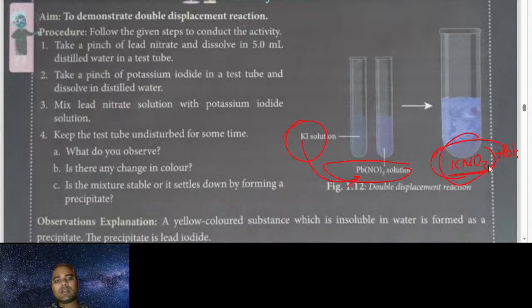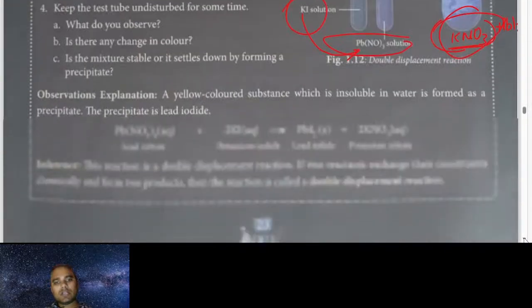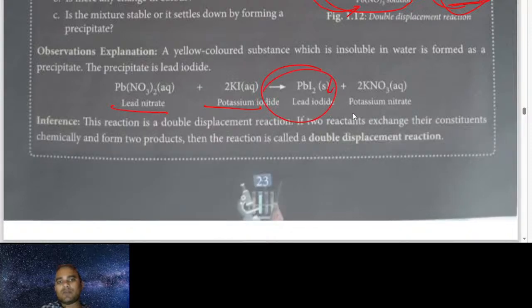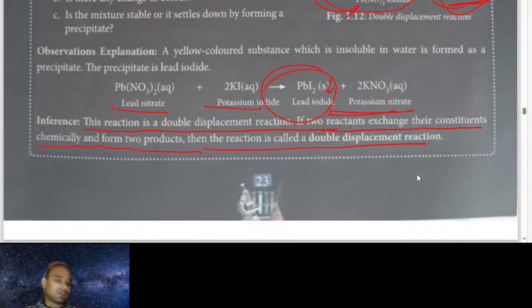So here you see, lead nitrate treating with 2 KI forms PbI2, a precipitate, and KNO3. This reaction is a double displacement reaction. If two reactants exchange their constituent ions chemically and form the products, the reaction is called the double displacement reaction.